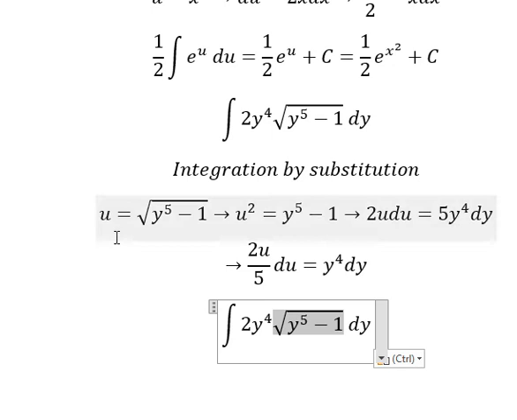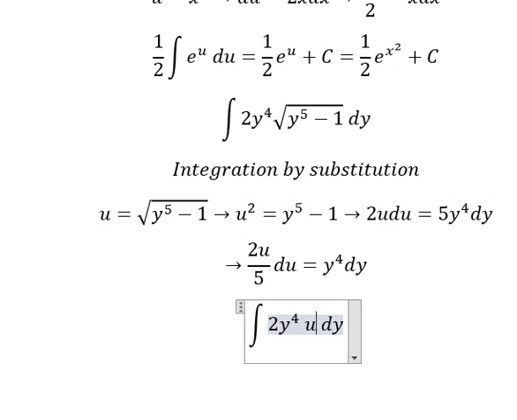This one we change to u. y to the power of 4 dy we change to this one.